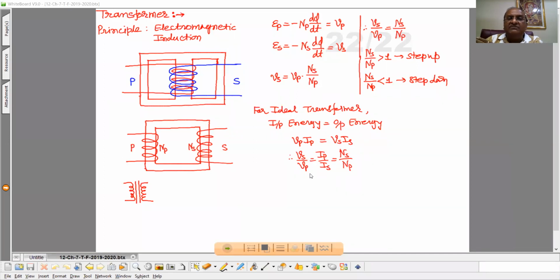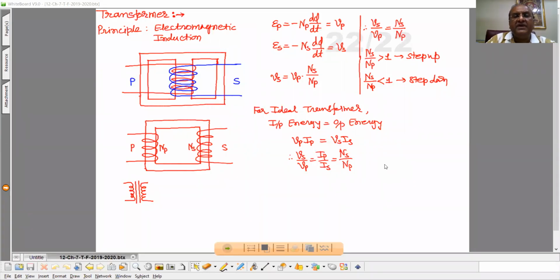So Vs by Vp is Ip by Is, that is Ns by Np. Means here you can understand if the voltage in the output increases, then the current decreases, but the power remains the same. Clear to all of you? Any doubt in this one?